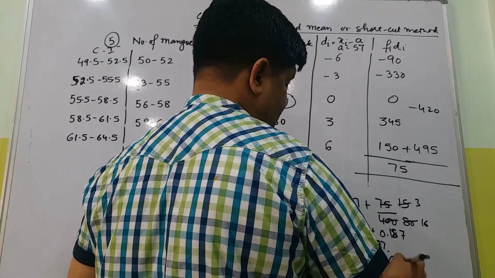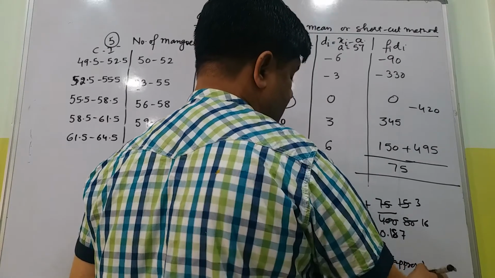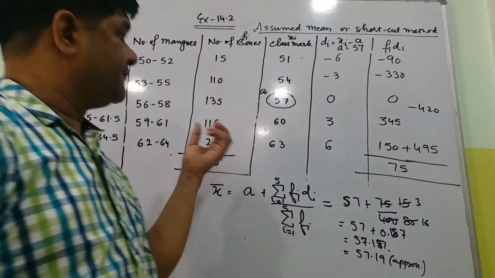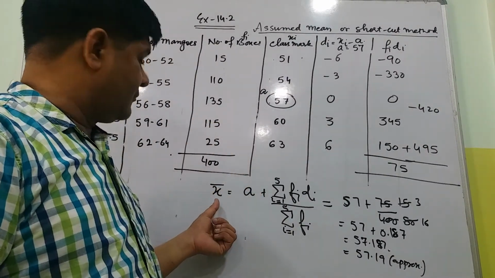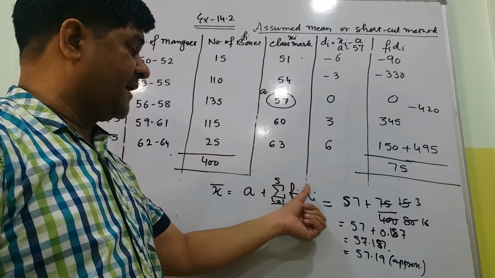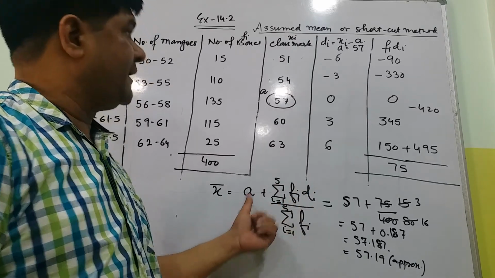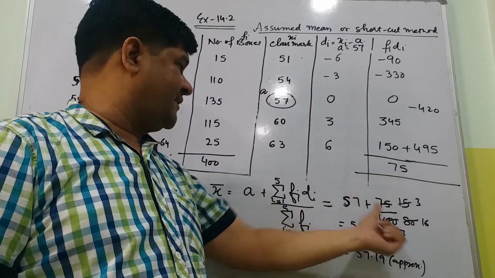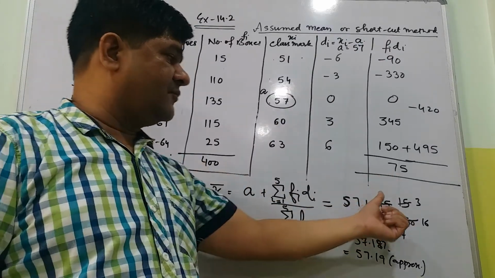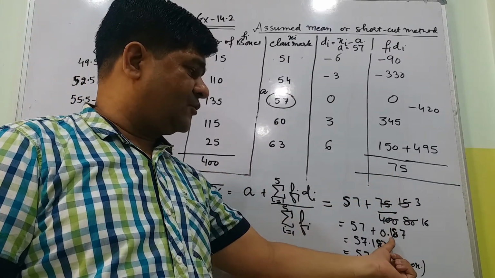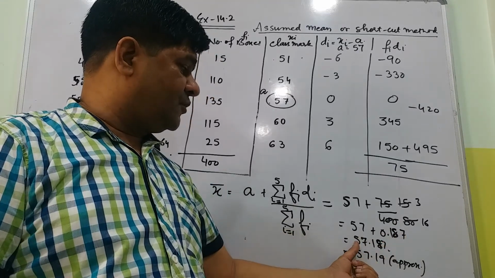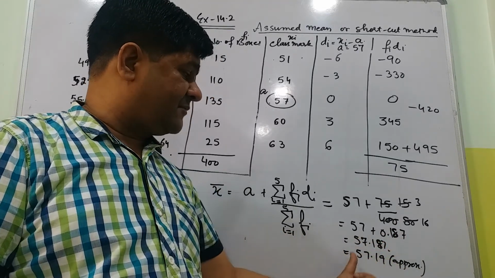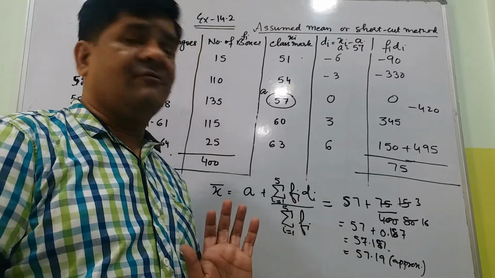This is the answer. Ultimately we apply the formula x bar equals a plus sigma Fi di over sigma Fi. Assumed mean was 57 plus Fi di 75, and then 400, on dividing we get 0.187. So you add it to get 57.187, approximately 57.19.